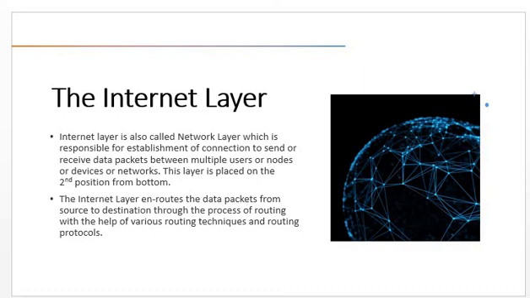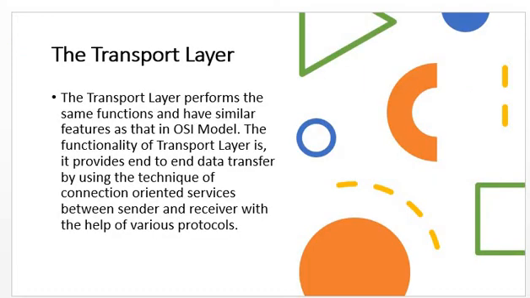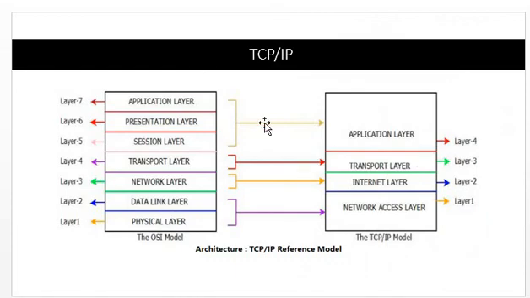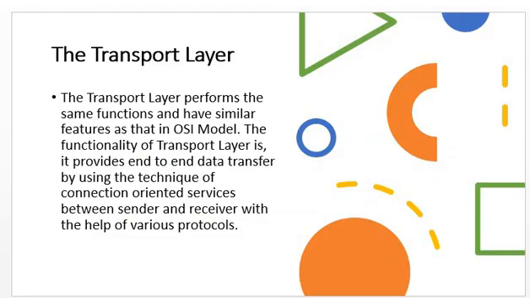From the internet layer, we go to the transport layer. You can see from our diagram here that the transport layer in the TCP/IP corresponds to the transport layer in the OSI reference model.